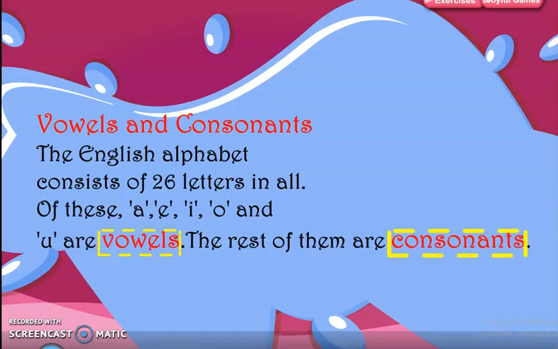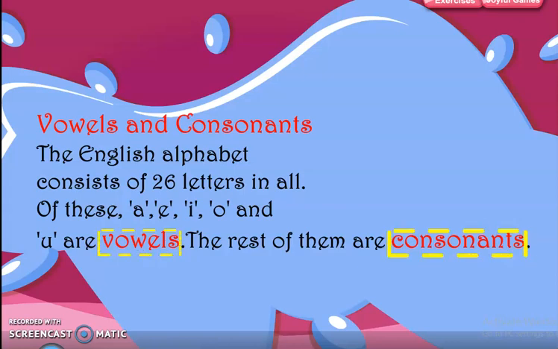In the vowels and consonants that we know, earlier also I have explained to you that in our English alphabet we have 26 letters. It means a 26-letter family is there. From that we have 5 special members in the family, that are A, E, I, O and U. These special members are called vowels, and the rest of the members are called consonants.